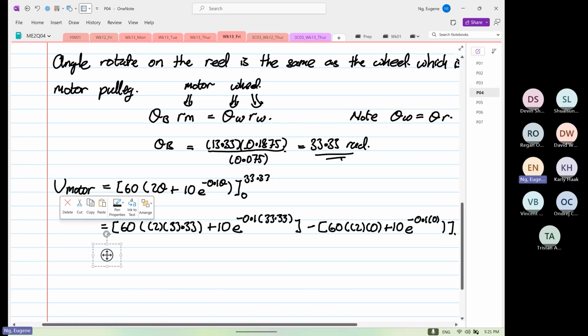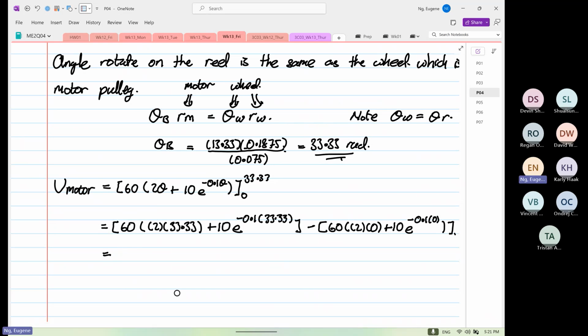So when we compute that, okay, can you all try pressing this on your calculator? Yeah, 60 is here. Right? So you have minus 0.1 times 33.33, take the exponential, times 10, plus 2 times 33.33, then minus 60.